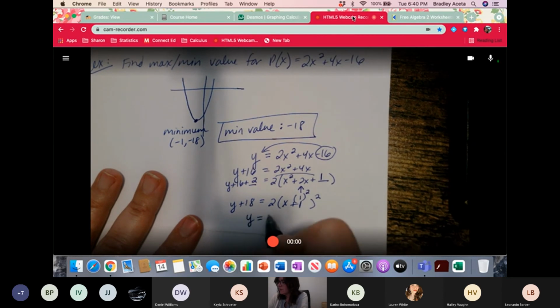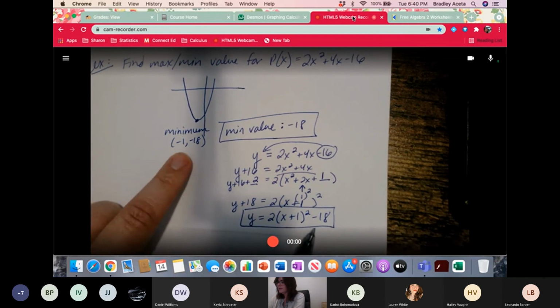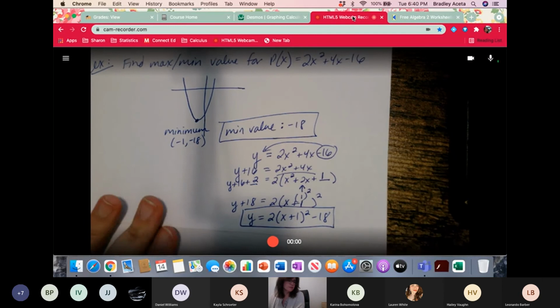You would get y equals 2 times x plus 1 squared minus 18. Look at the vertex. Change that sign, -1. Keep that sign, -18. And that's your minimum value in that sense. Easy peasy. All right.